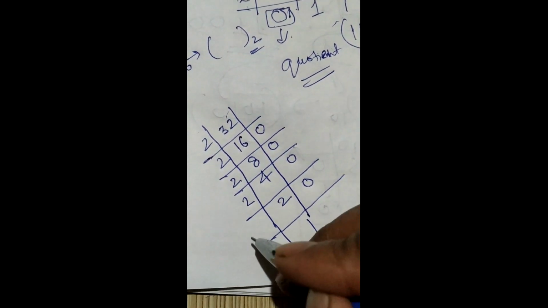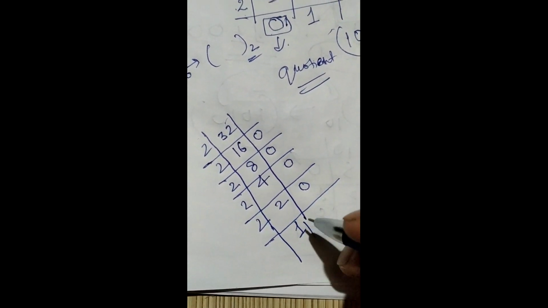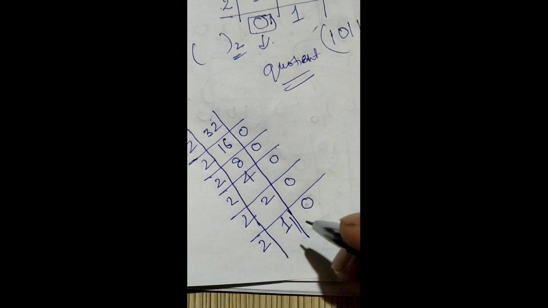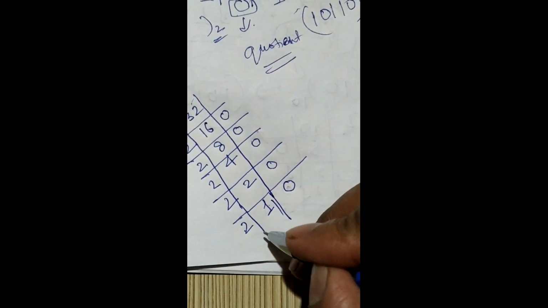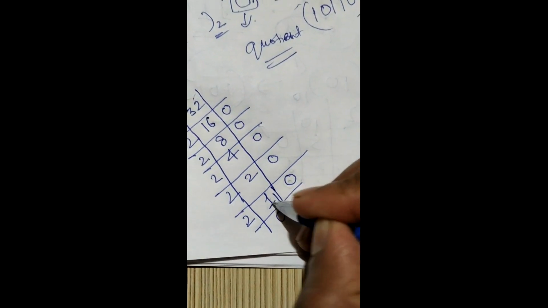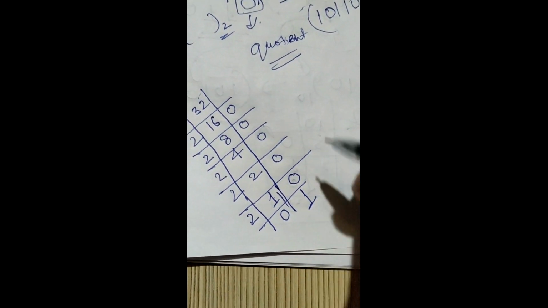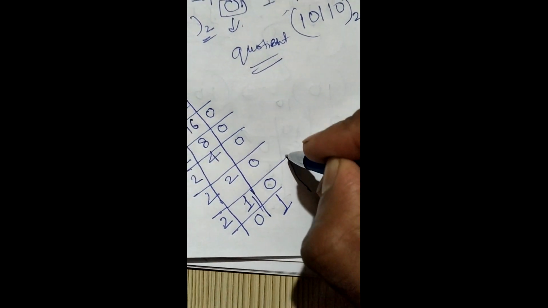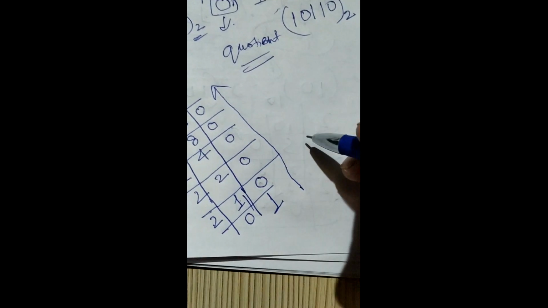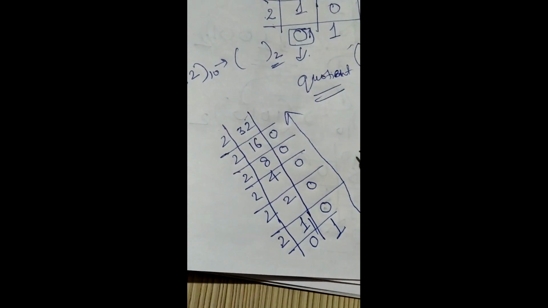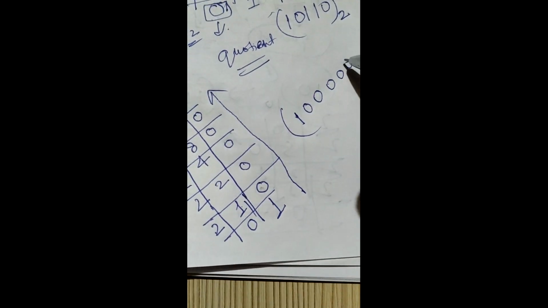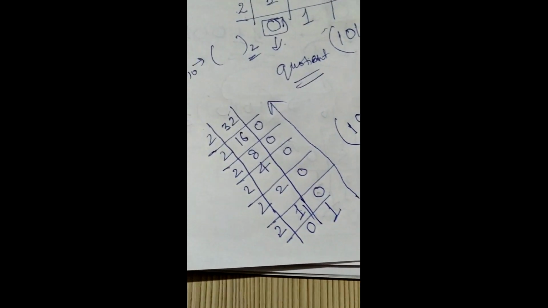Then 2 into 1, and 0 is the remainder. Again we divide 1 by 2: 2 into 0, 0 and 1 is the remainder. Then we write all these remainders from bottom to upside, so the binary equivalent of 32 is 1 0 0 0 0 0.